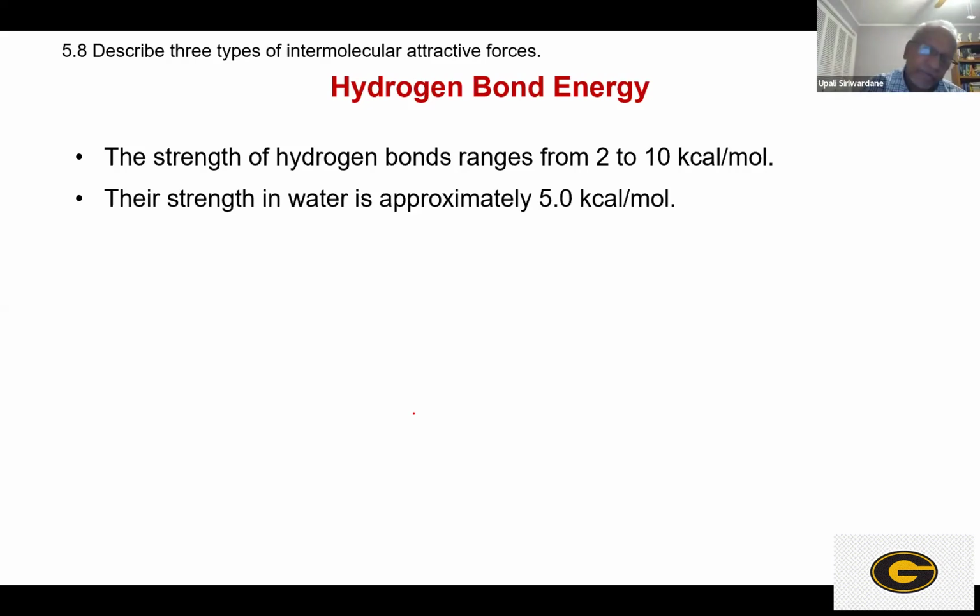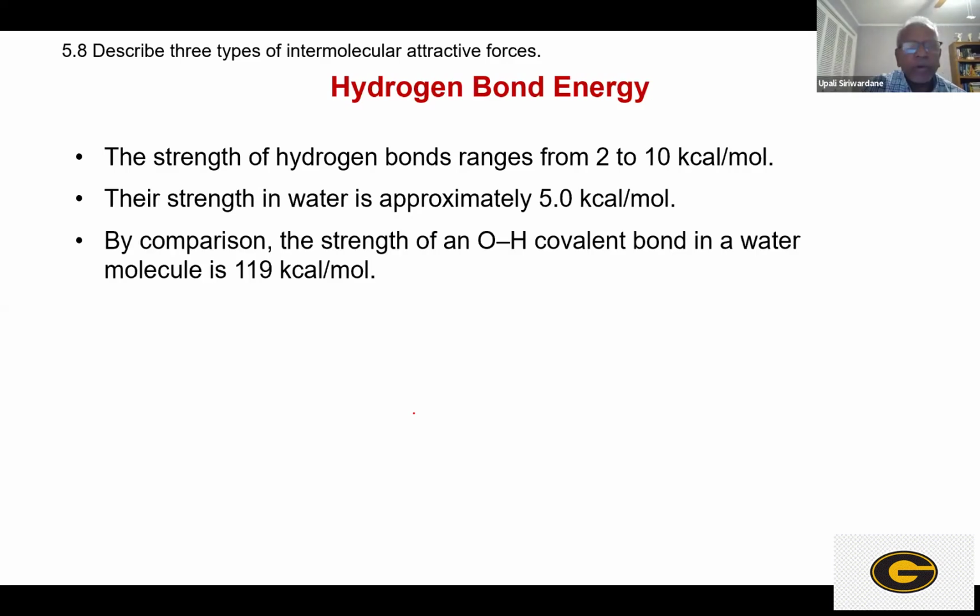For water, it is about 5 kilocalories per mole. If you compare intramolecular force, intra means within water molecules.